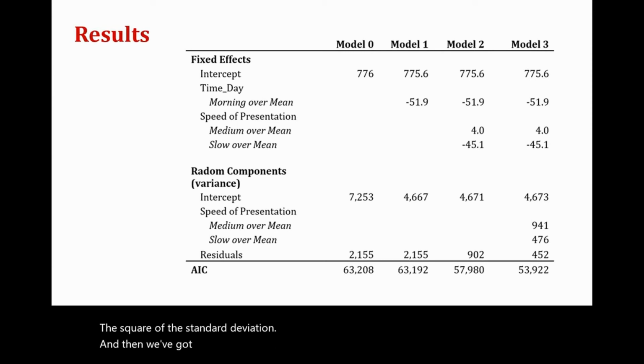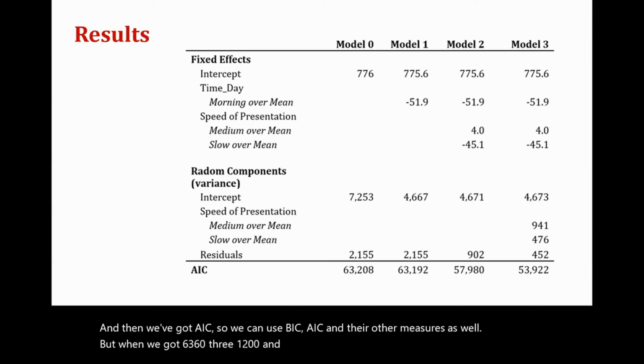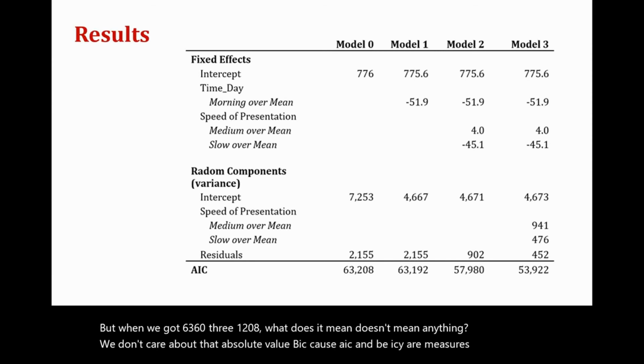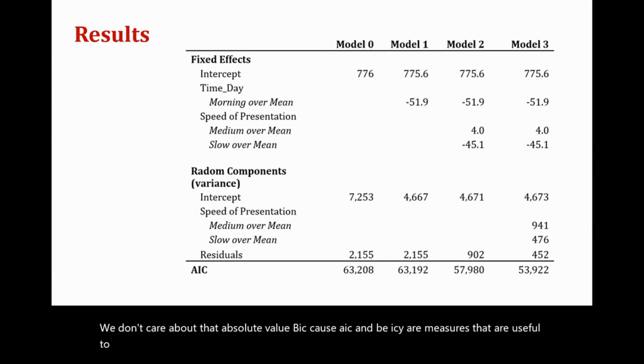So we can use BIC, AIC, and there are other measures as well. But well, we've got 63,208. What does it mean? Doesn't mean anything. We don't care about that absolute value because AIC and BIC are measures that are useful to compare, but in themselves they don't mean anything.